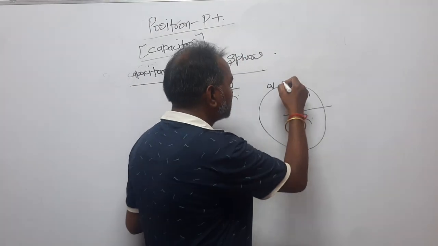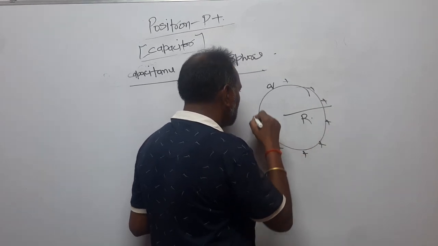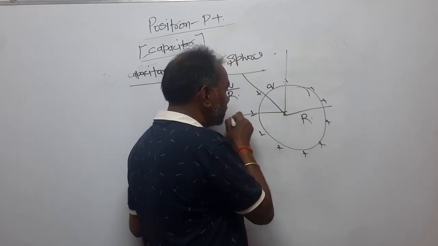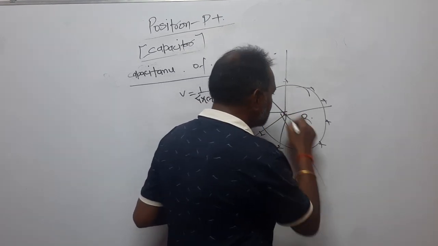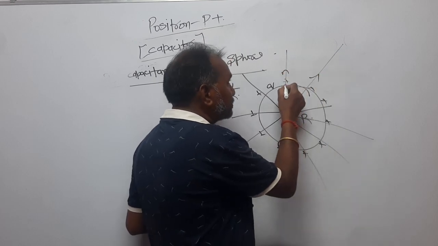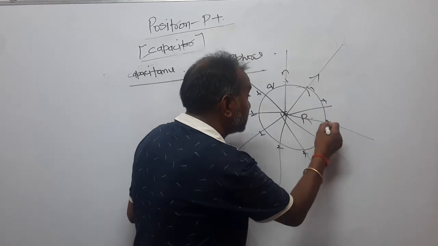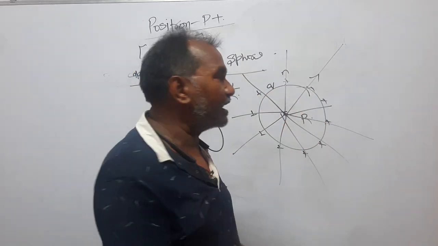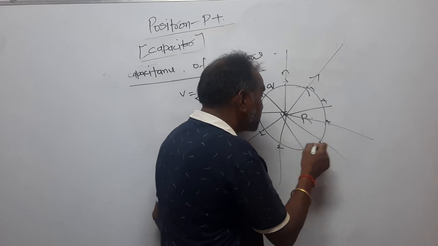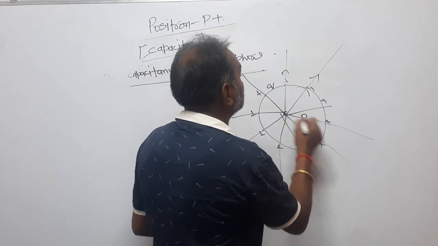Why? Look here, the charge is distributed in this way, right? Now the electric lines of force emerge out in this way. So it appears that the electric field lines begin from here and go to infinity, but actually these field lines begin from the surface of the sphere, though it appears that they are coming from the center.